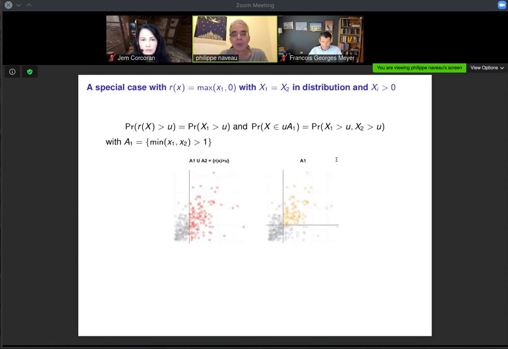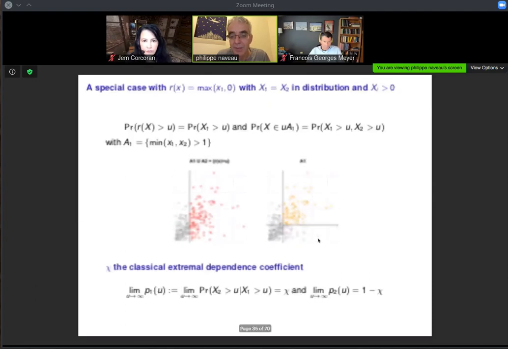So let me give you an example. It's a bit of a special case. For example, in the 2D case, if you take R of X equals max of X1 and 0, and X1 has the same univariate distribution, then you could have this region here, which should be R of X greater than U, and then you can cut this region into two parts, either this part here or the part under it.